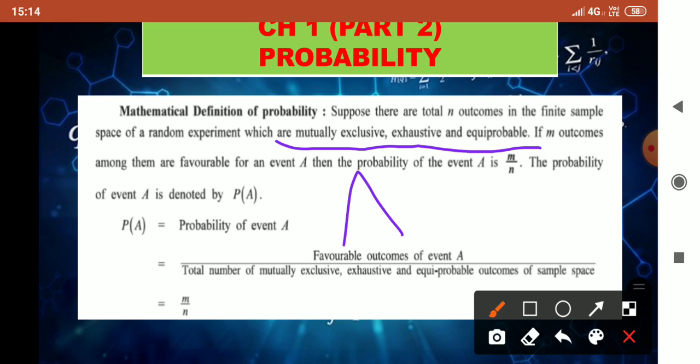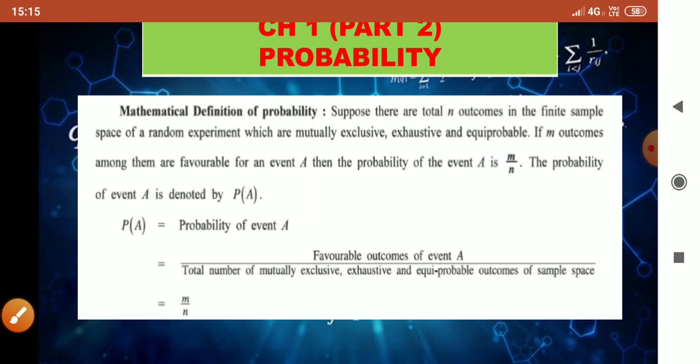And equiprobable means here there is an equal chance of getting selected. If we are tossing a coin, we have the equal chance of getting head as well as tail. Okay, so equiprobable.